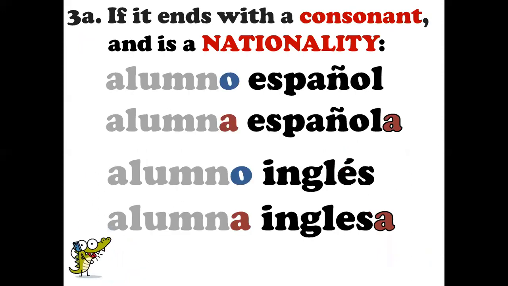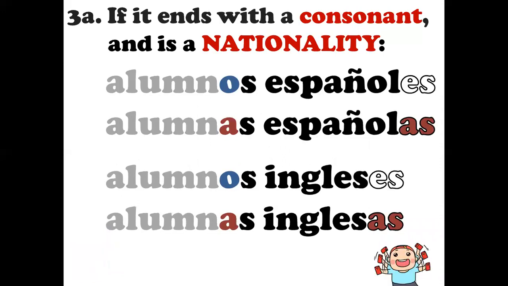Here are the exceptions. 3A, if it's a nationality, what do you do? These are the singular version. What do you think you do? You follow the same prior rules. If it ends in a consonant, which the masculine form will, you put ES. If it ends in a vowel, which the feminine form will, you just add S. So españoles, españolas, ingleses, inglesas.